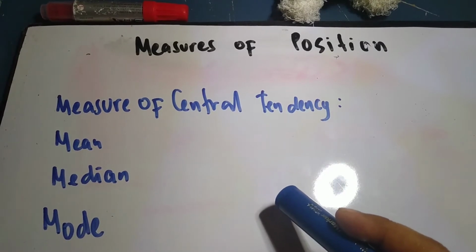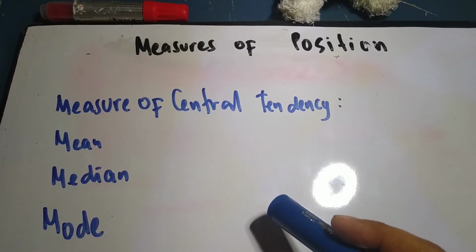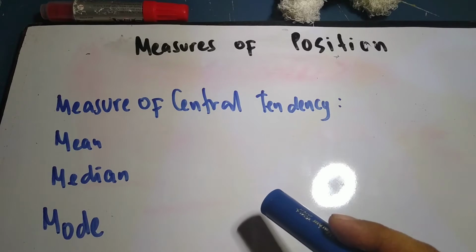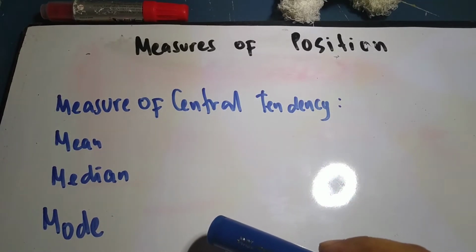Okay, so ang measure of central tendency, it refers to that numerical value in the central region of distribution of scores. So there are 3 measures of central tendency. So ito yung mean, median, at saka si mode.